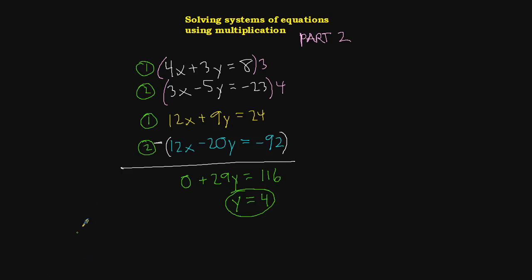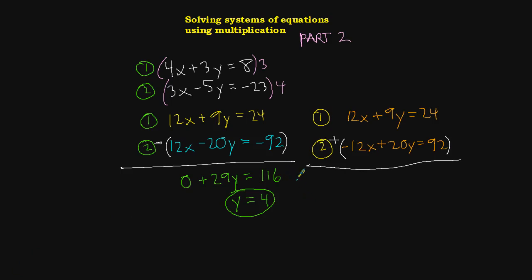But wait, before we do, I want to show you another way. Many people have problems subtracting equation 1 minus 2. So I'm going to show you another way to do this real quick. It goes like this. What I've done is I've rewritten equation 1 and equation 2.